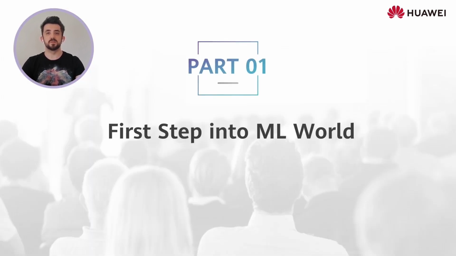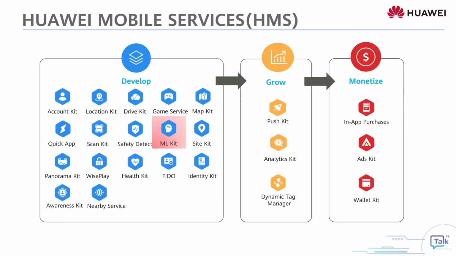Talking about ML Kit, it is important to mention Huawei Mobile Services. This service allows developers to access tens of useful kits, such as maps, ads kit, push notifications, in-app purchases, and so on, and easily integrate them in their projects. When HMS 4.0 was first released, ML Kit had only a few features.